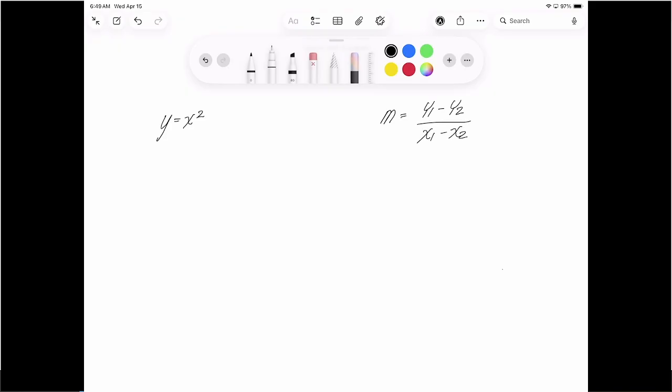Rather, we have to do something else. We have to do a derivative. So dy/dx equals 2x. And so let's graph this out for the x-axis and the y-axis.